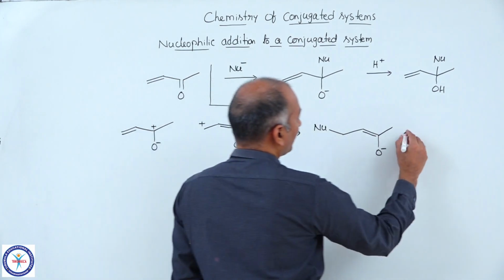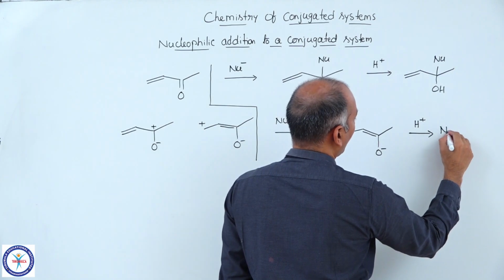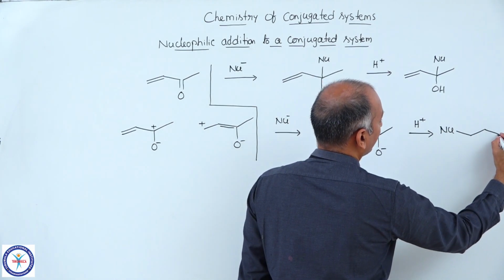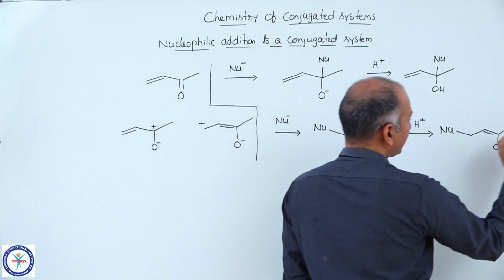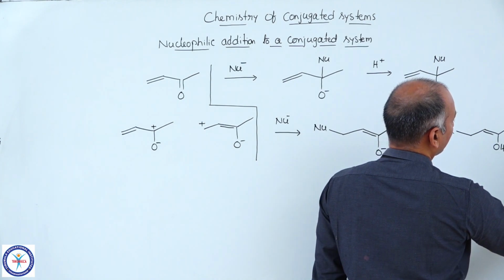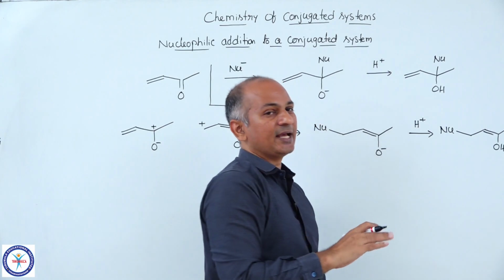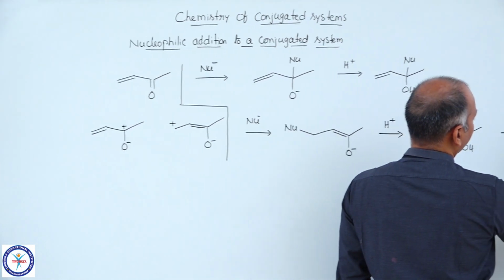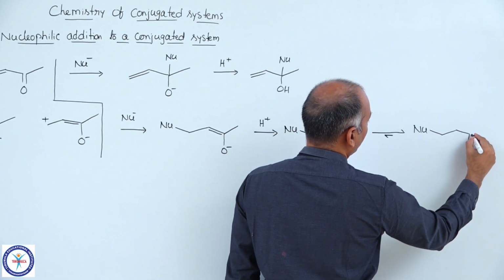Okay. Now, if you add H plus to this, then O minus becomes OH and double bond here, and this is unstable because it is the enol form. In this particular case, keto is more stable than the enol. So let me convert that into keto form. So you will get this compound, double bond to methyl.